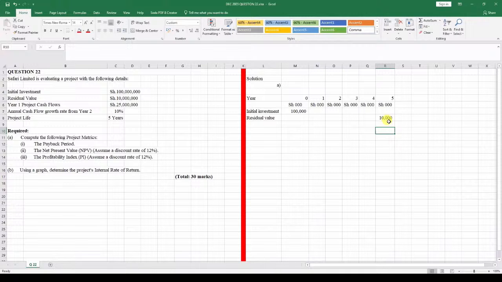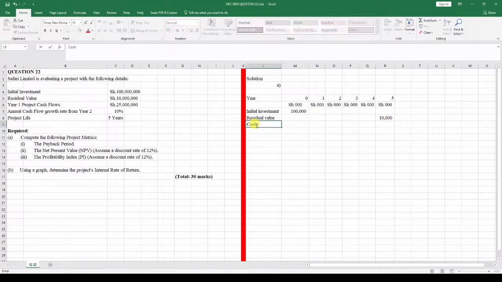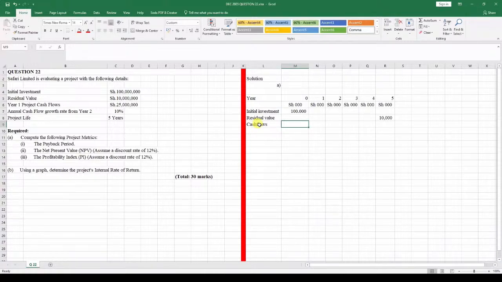Once that happens, we can move ahead and look at the net cash flows, the cash flows. We've been given the initial investment is 100 million, and the project 1 cash flow is 25 million over here.